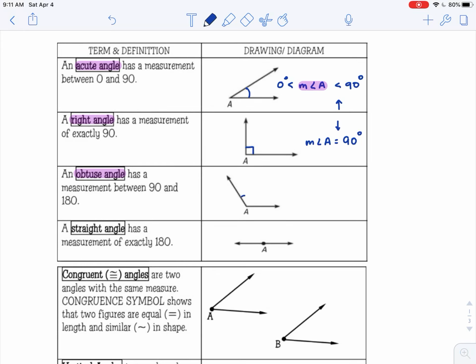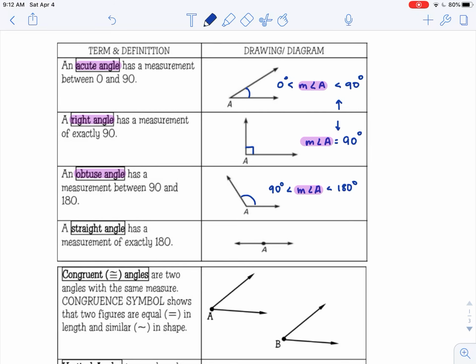Okay. Now, obtuse angles. Obtuse angles have a measurement between 90 and 180 degrees. So the measure of angle A is going to be greater than 90 degrees and less than 180 degrees.